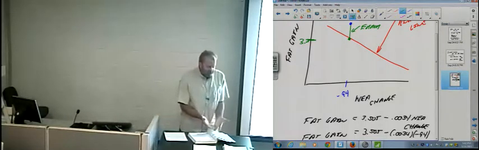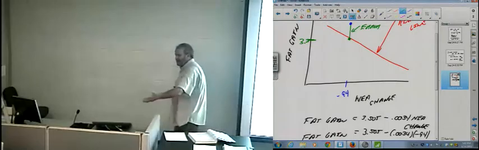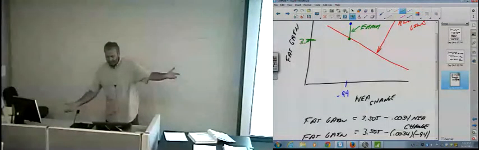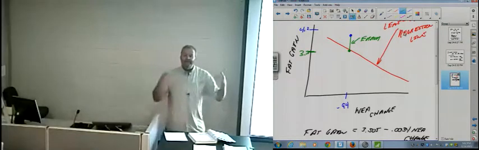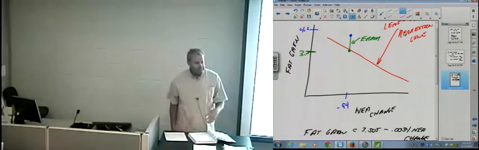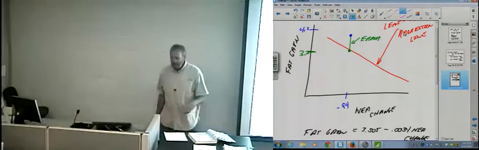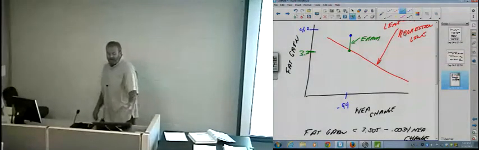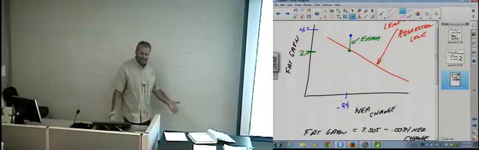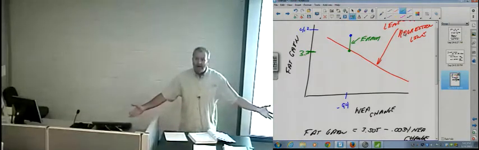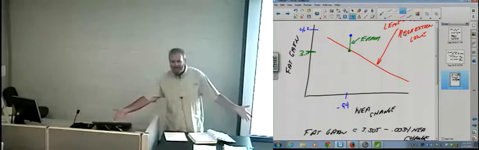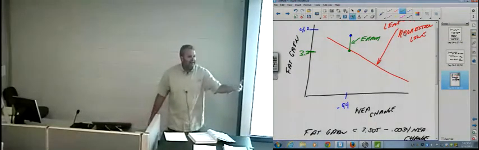We know that the person in the data set that had minus 94 had a fat gain of 4.2. Since they fit the line to the data, the line is actually predicting for a person that would have minus 94, 3.2 kilograms. You understand, we made an error here, right? We actually had somebody in the data set that had that NEA change.